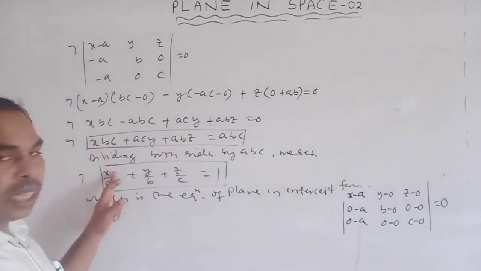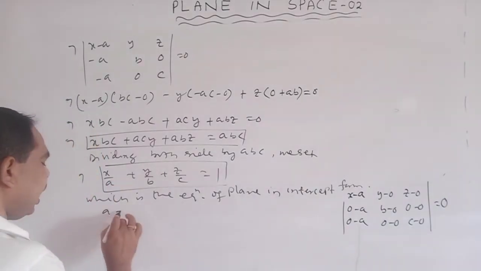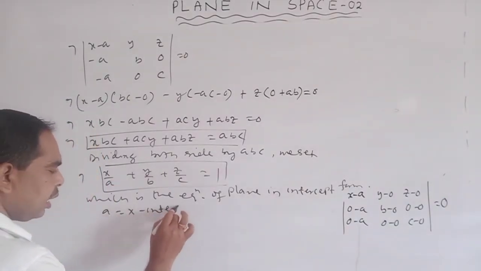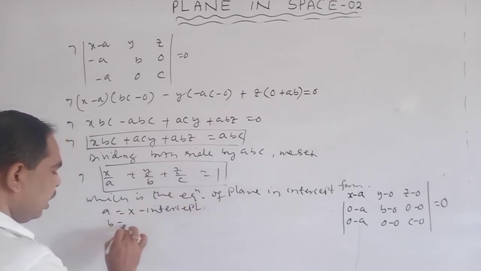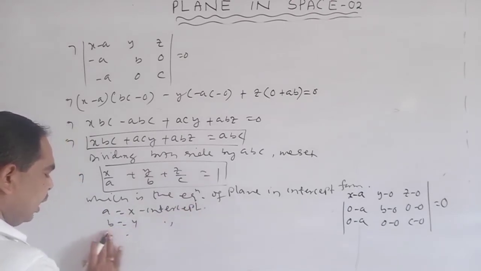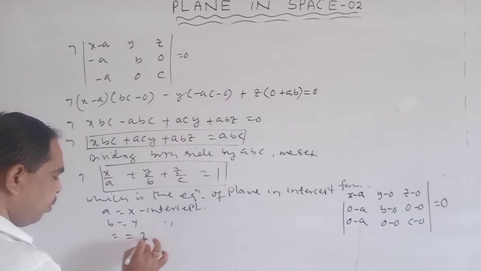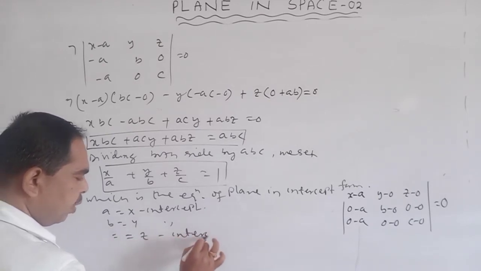So a is called the x intercept, b the y intercept, c the z intercept. Okay.